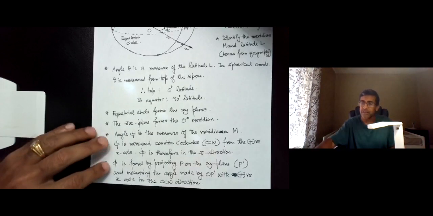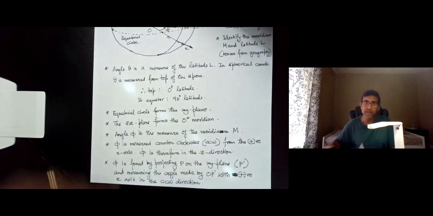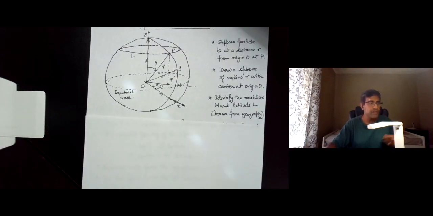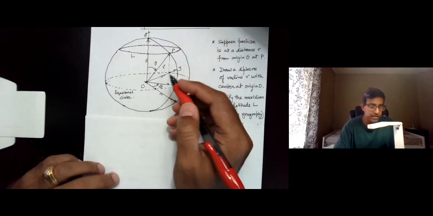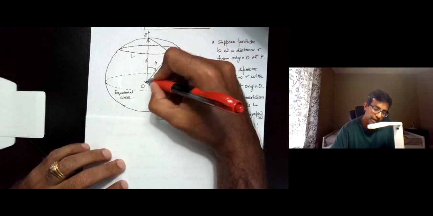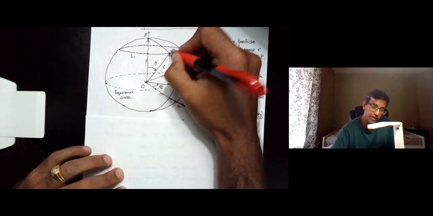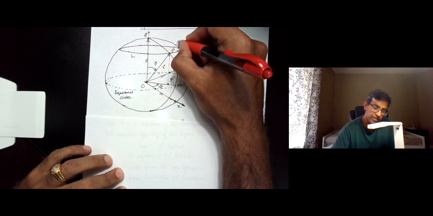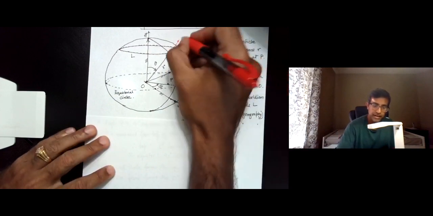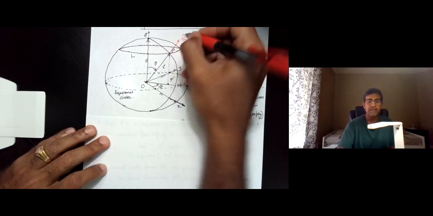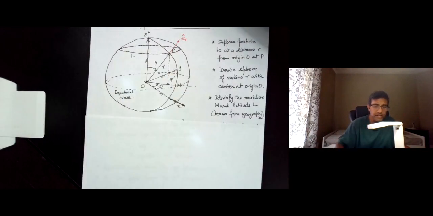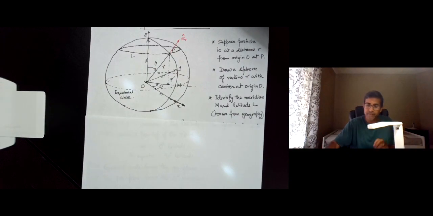Now let us turn our attention to the different unit vectors. So the first unit vector is found by taking this line OP and extending it in the radial direction. Okay, so that gives us the first unit vector ER. Okay, so it is a radial unit vector.